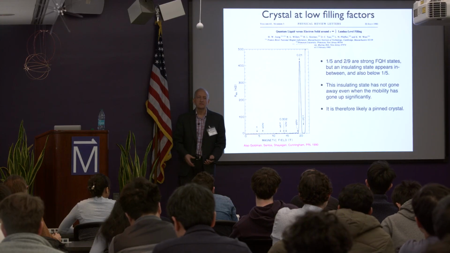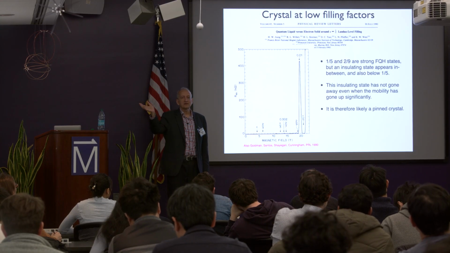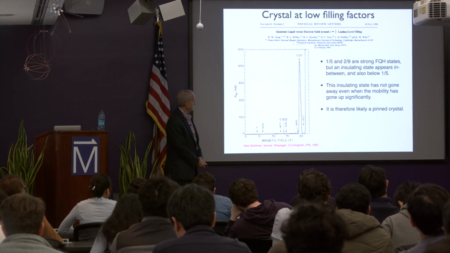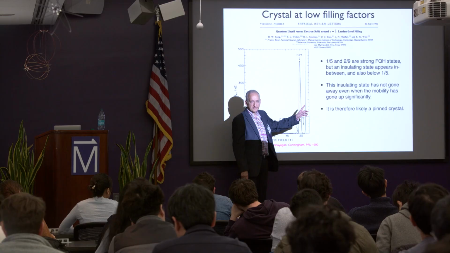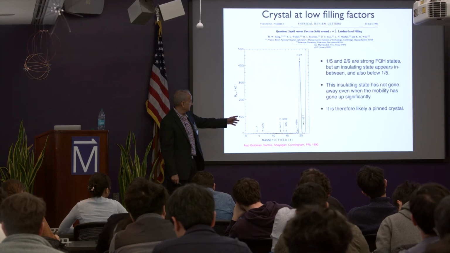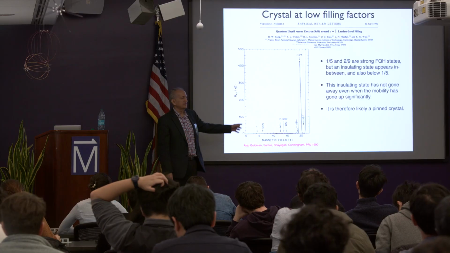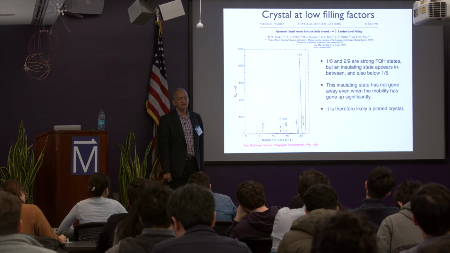In the past, people saw such insulating states, but as they improved the sample quality, they went away. But this one, they have improved the sample quality by a lot, by a factor of 100 maybe since the first observation. Still, this stays, and therefore it's very likely a Wigner crystal.